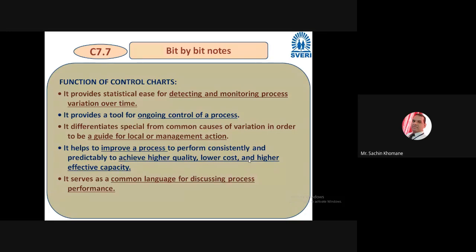Then the control chart will guide you for local or management action. I have given one earlier example that was technical, but non-technical also, maybe for management of things. Suppose every month your rejection rate is only 10%, and it is observed from that control chart.